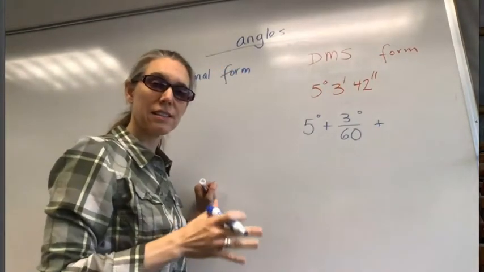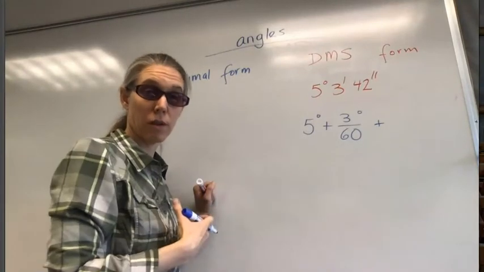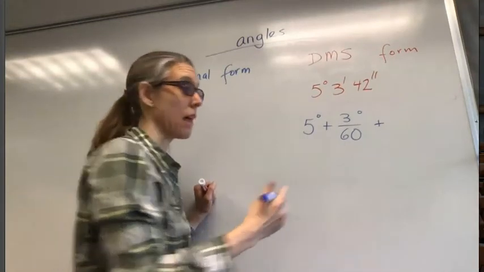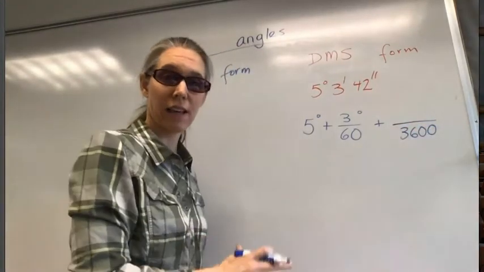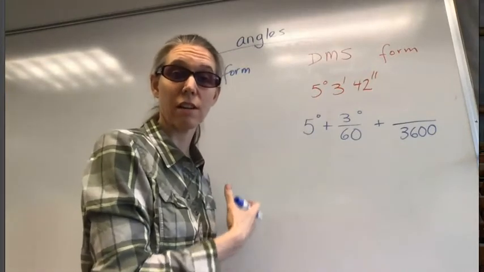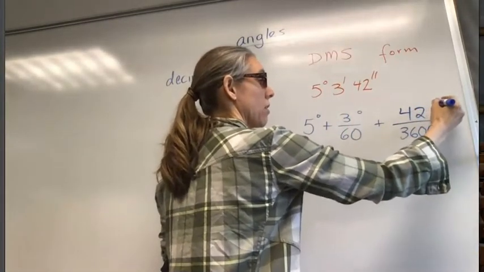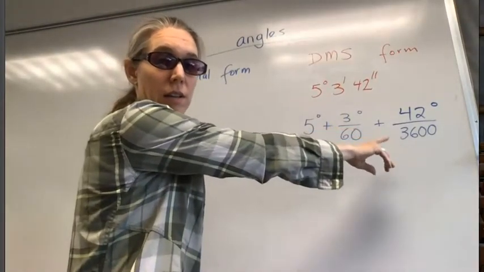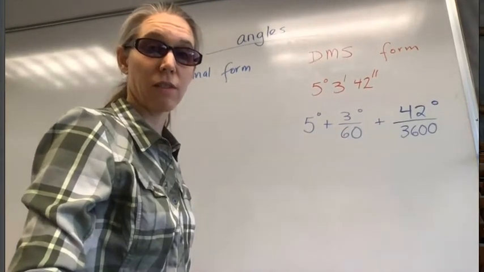If there are 60 seconds in a minute and 60 minutes in a degree, 60 times 60 is 3,600. That means there are 3,600 seconds in a degree, just as there are 3,600 seconds in an hour. So now 42 divided by 3,600 will give me the amount of seconds in decimal form. So now all I have to do is type all this into the calculator.